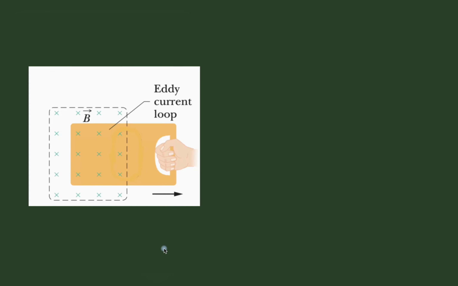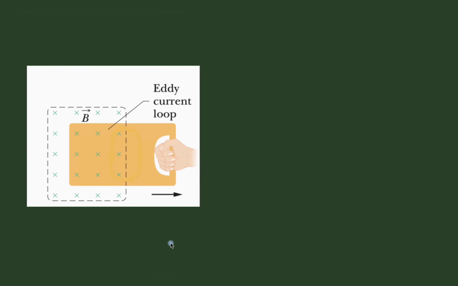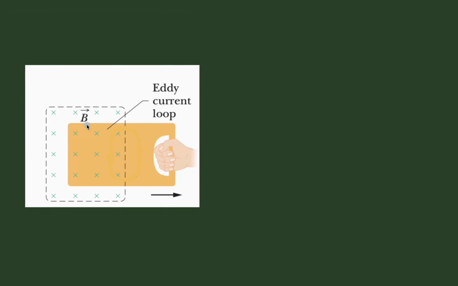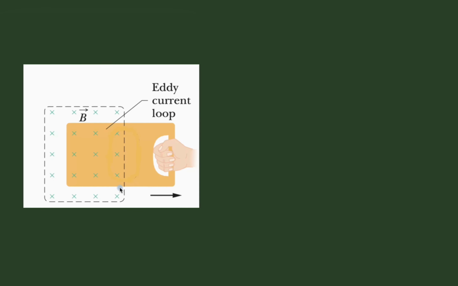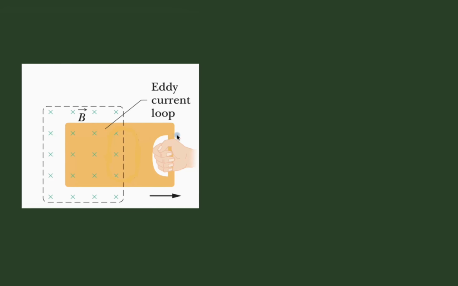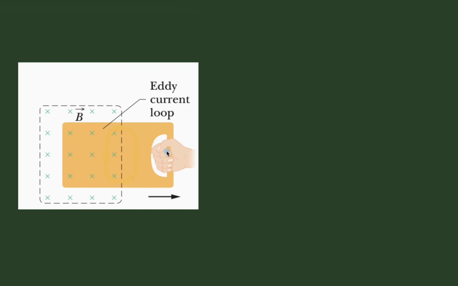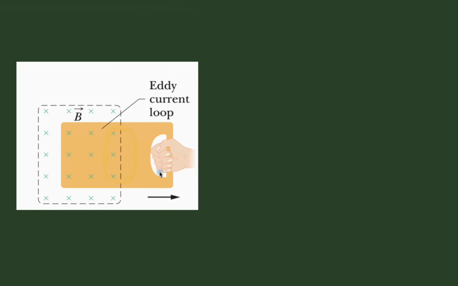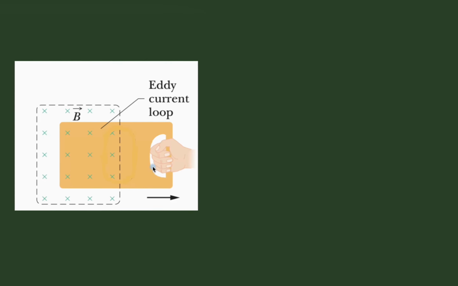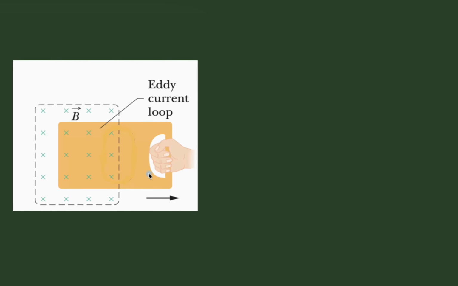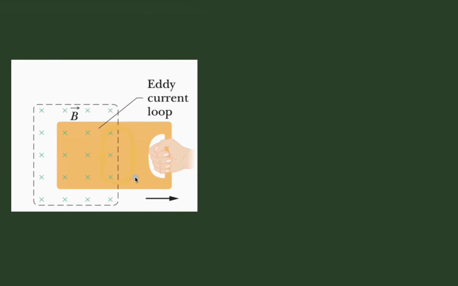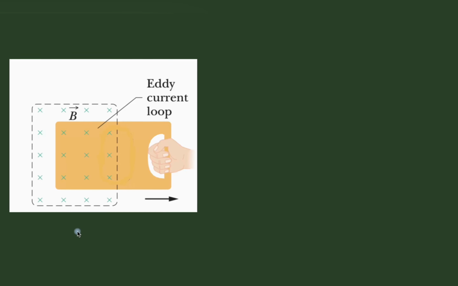So what will be that eddy current direction? Will it go on the edges of this sheet, or will it go in this region where the person is holding that sheet? How is that eddy current going to complete a loop, or where is it going to be generated?